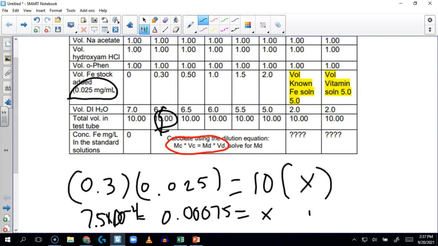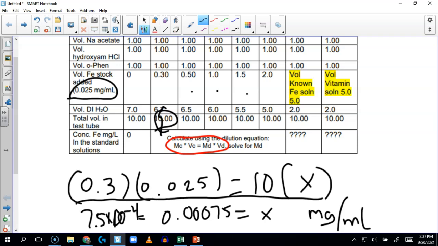The units on that are strange concentration units, but this is what medicines use for concentration, so it's in milligrams per milliliter. You're going to use this same outline for all 5 of these concentrations, right? They're all getting diluted to 10, but they're all starting with a different volume with the same concentration. So the only thing that's going to change in each of these is this number right here. So the next one will be this, and then it'll be this.